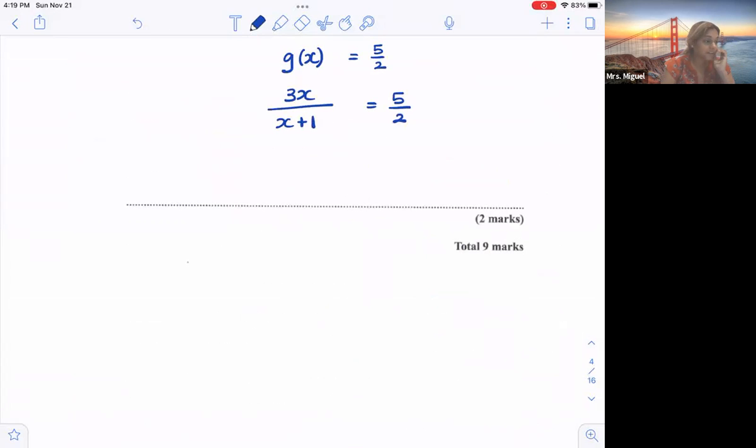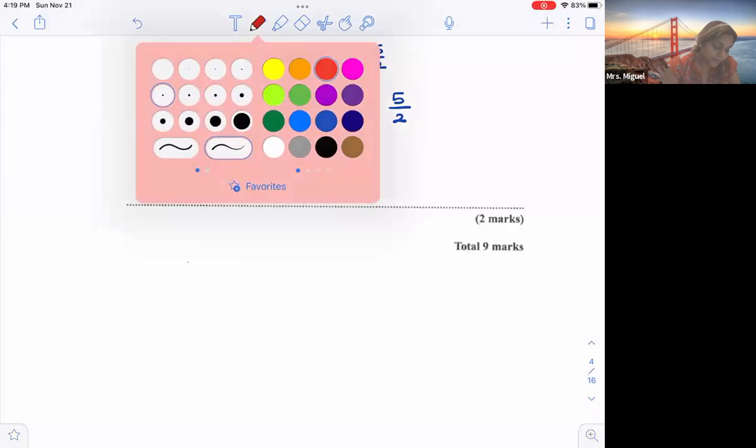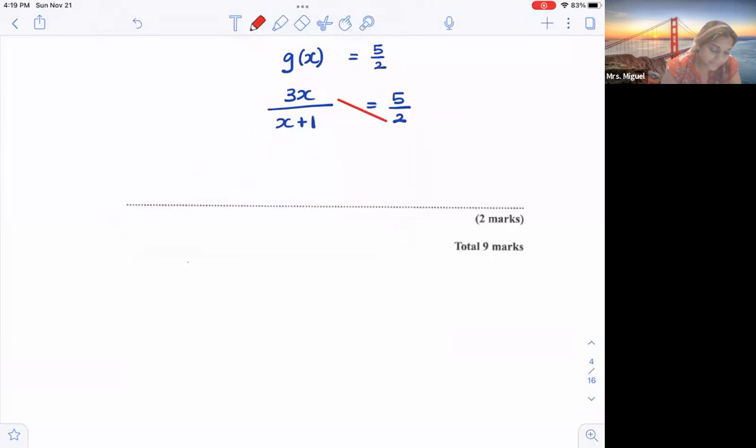So don't get discouraged. This is simply solving for x. How do I work this? Well, I cross multiply opposite ends of the diagonal. I multiply 3x by 2, and then I multiply 5 by x plus 1.